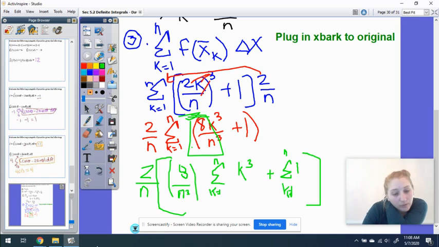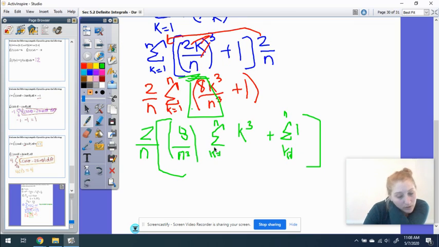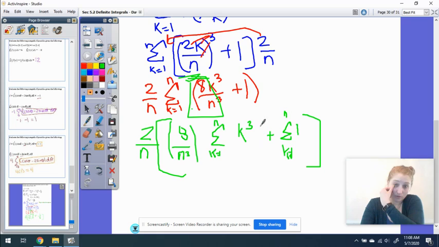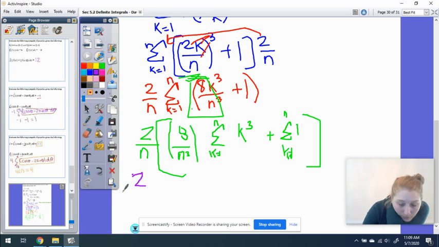Okay, so then what you're going to need to think about is the rules that we discussed in 5.1. They give you a value for k cubed and a value for 1. So reference that, because that's where I'm getting this next part from. So we're going to still have 2 over n, 8 over n cubed.